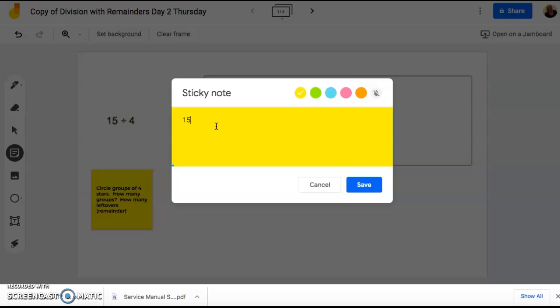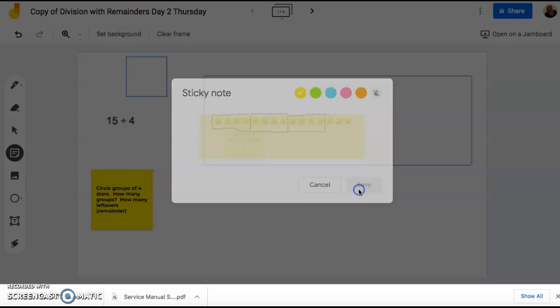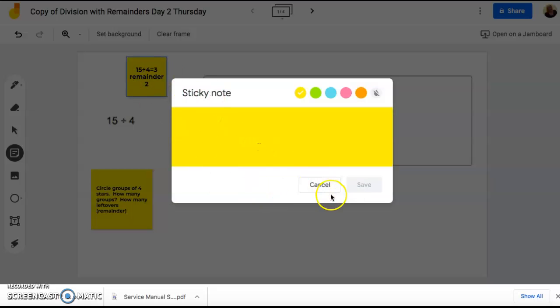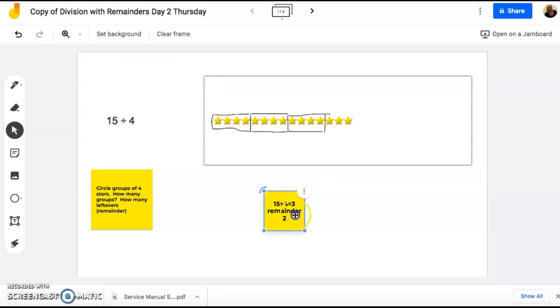You have to go into your emojis and go all the way down to almost the end where the flags and stuff are. 15 divided by 4 equals 3 with a remainder, and you can just put remainder 2. And you can put that right here.